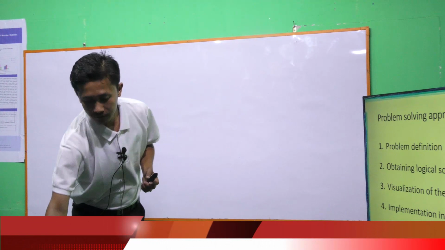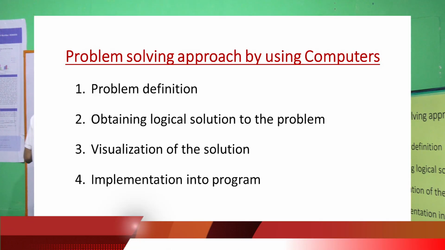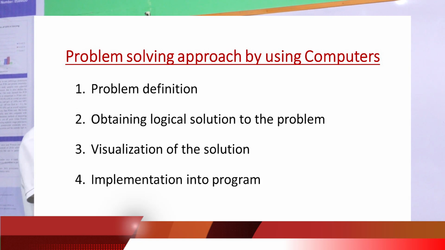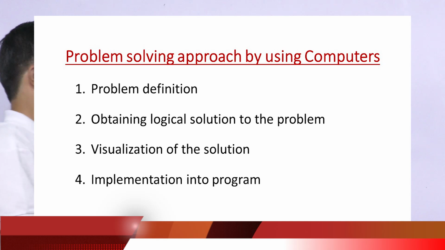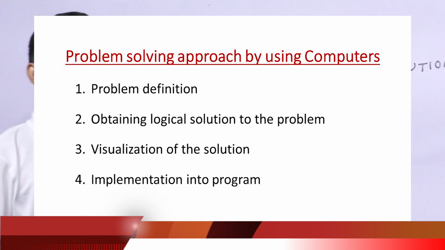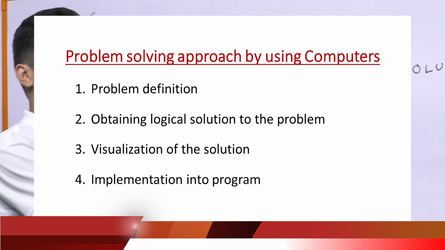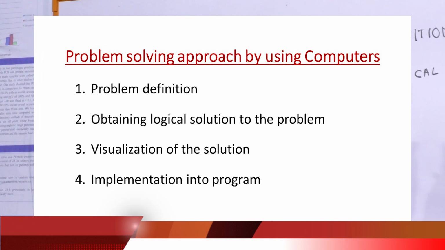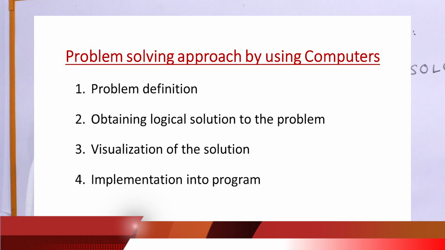First one is problem definition. In this step, we need to specify the problem in terms of its input specification and the specification of the output in a very precise manner. Number 2 is to obtain the logical solution to the problem in terms of step-by-step sequences that lead from the problem statement to the solution of that problem, which is known as an algorithm.